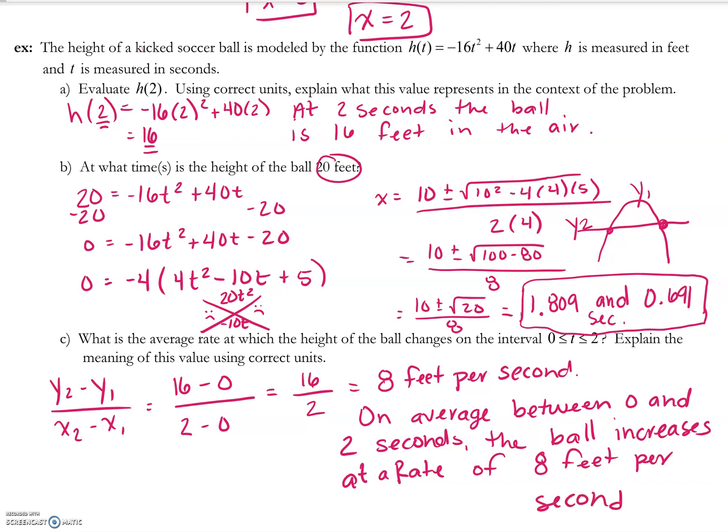The reason that's a little bit more specific is because this 8 feet per second only holds true between the times 0 and 2. It doesn't hold true for every interval that you're looking at on this curve of the ball going up into the air and coming back down.